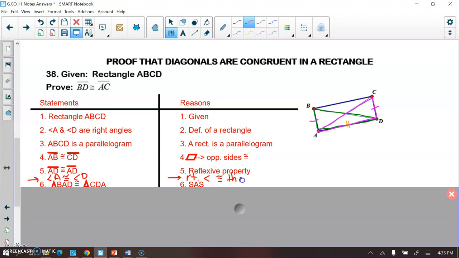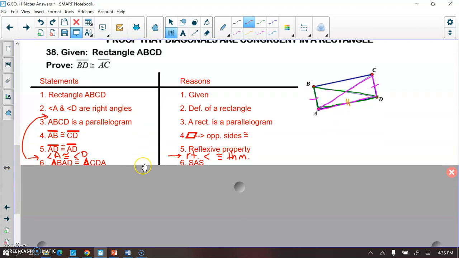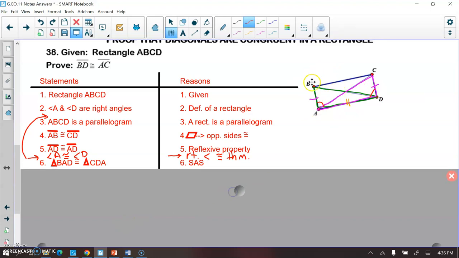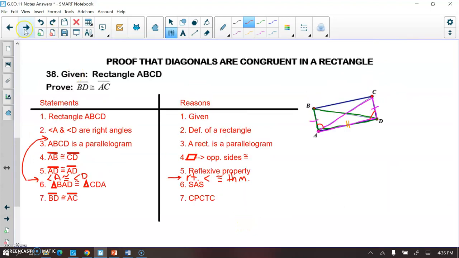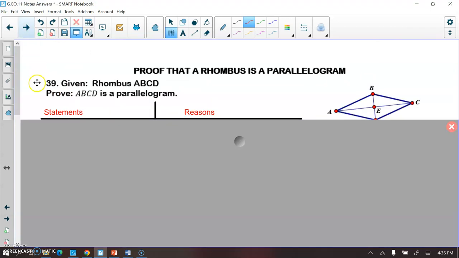Make sure that you have that in there. In fact, it might be better if you put that underneath step 2, but it doesn't have to go underneath step 2. So angle A is congruent to angle D. So these two triangles are congruent by SAS. Since they are congruent by SAS, that means that BD and AC are congruent by CPCTC. All right, moving on to the next proof.